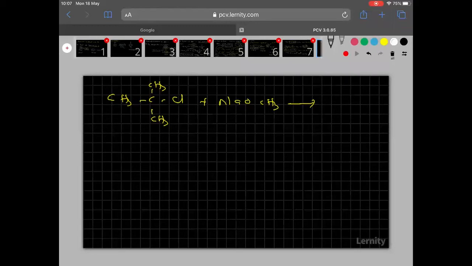Okay. Now here remove the NaCl part. So what is the answer that we are going to get here? (CH3)3COCH3.